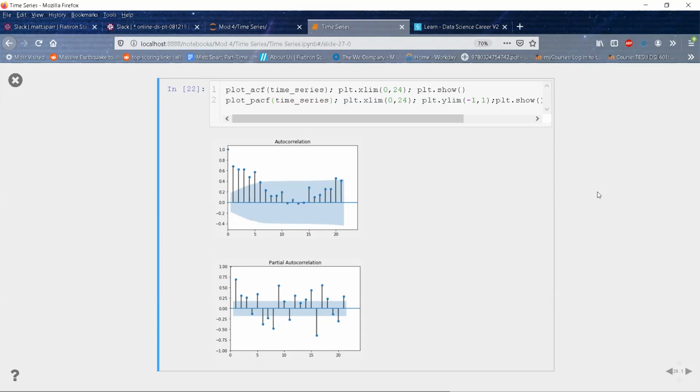Wait, are we looking at the highest positive and then followed by a highest negative? Yeah, so on the first one, the ACF, in the previous example, we saw the highest peak at the difference that we needed.